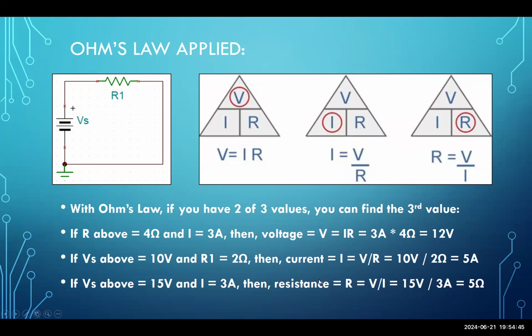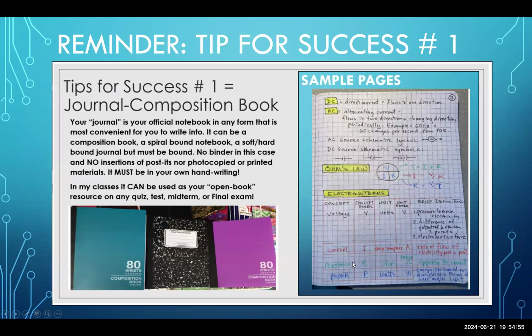You're calculating resistance, and it's important for you to, you don't have to memorize this, but if you use it enough, you will come to memorize it. Resistance is the symbol R measured in units of ohms, shown by the symbol omega, okay?